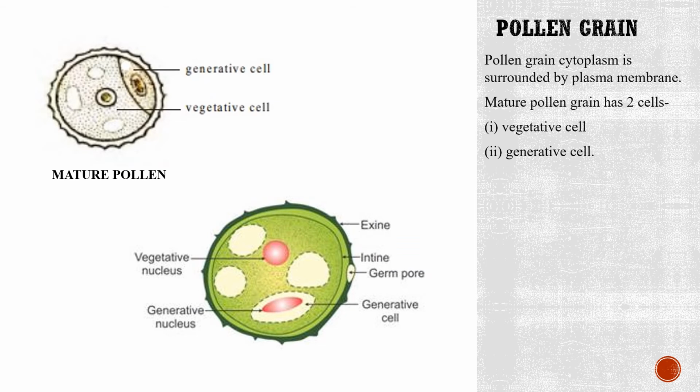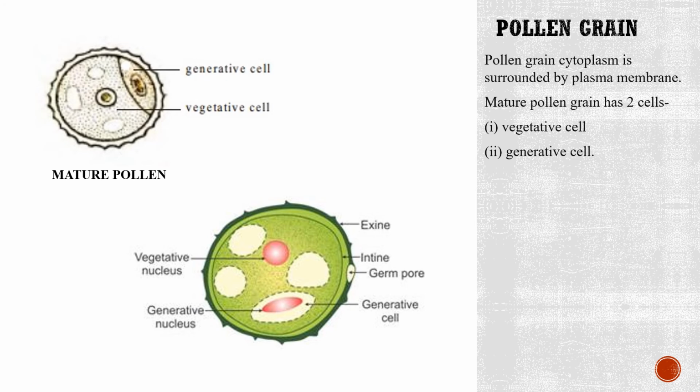In the newly differentiated pollen grain, the nucleus is central and the cytoplasm dense. The protoplasm undergoes mitosis, and due to the peripheral position of the nucleus, the protoplasm of pollen grains divides unequally into two cells, a large tube or vegetative cell and a small generative cell.